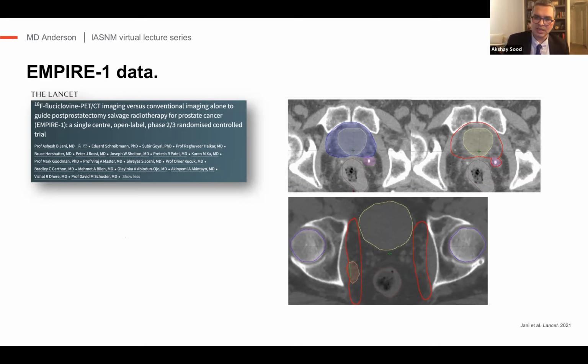But once they had the results of the scan, they changed their radiotherapy area to incorporate this positive lesion. Similarly, in the lymph nodal setting, initially their area would have just gone through straight, but when they saw metastasis, they changed the boundary of their simulation to incorporate that lymph node metastasis.